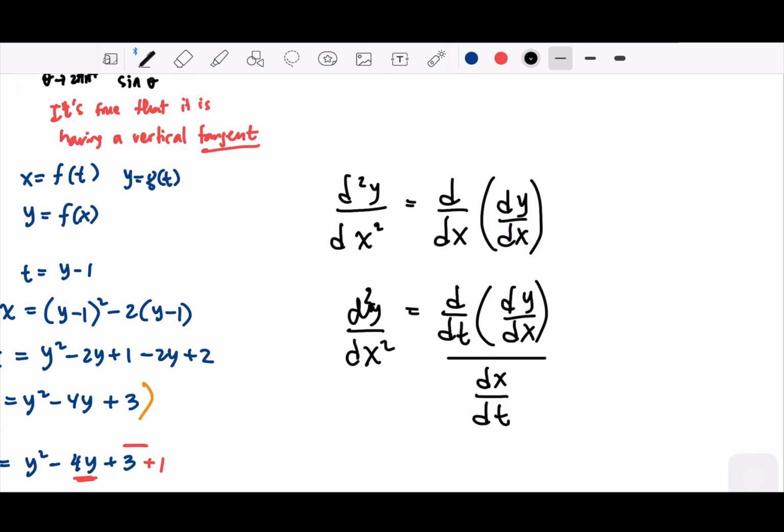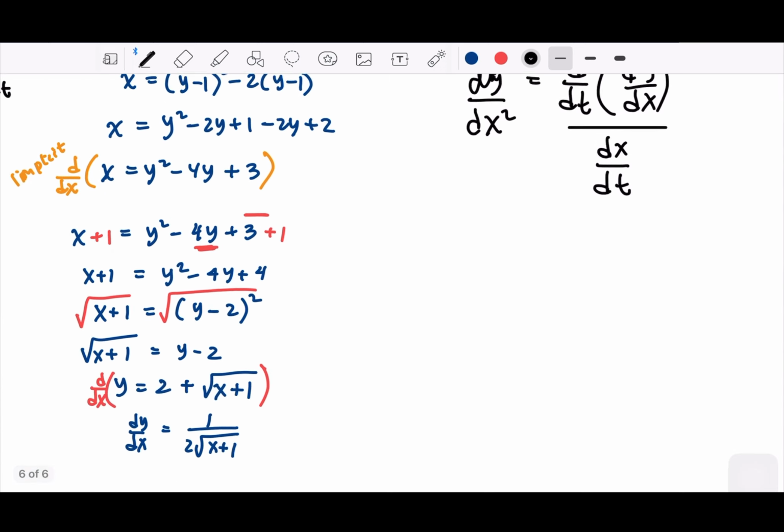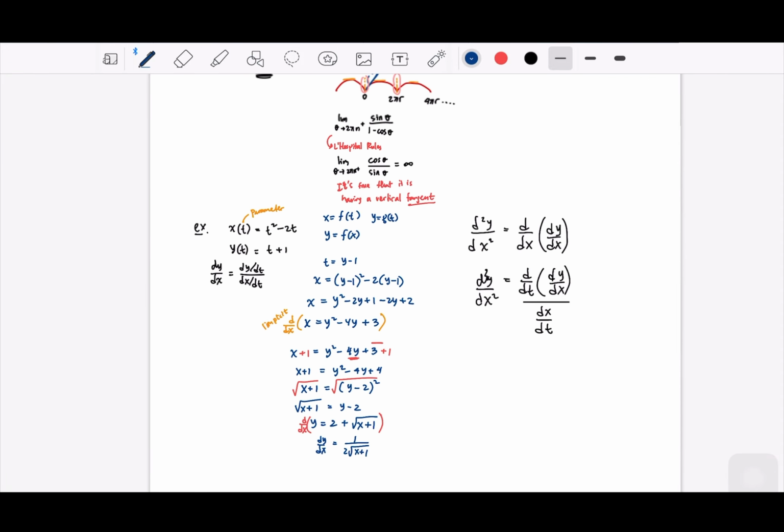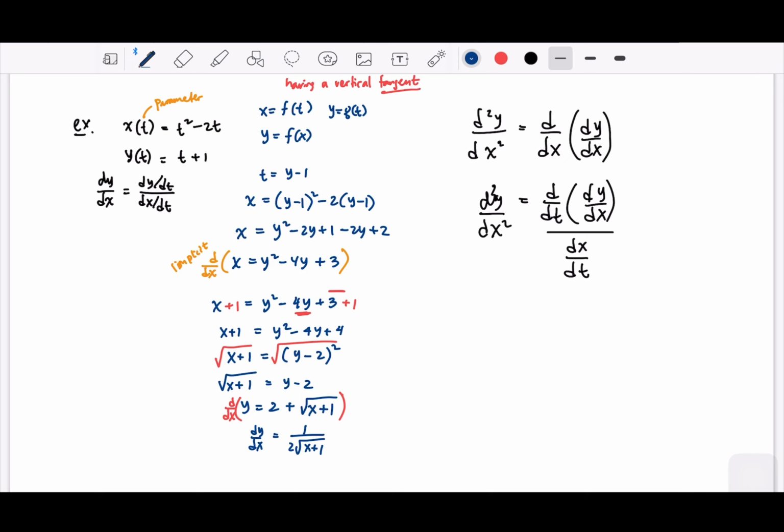Now I think we can move to the next sections. And be careful on the second derivative or the next derivative after that.